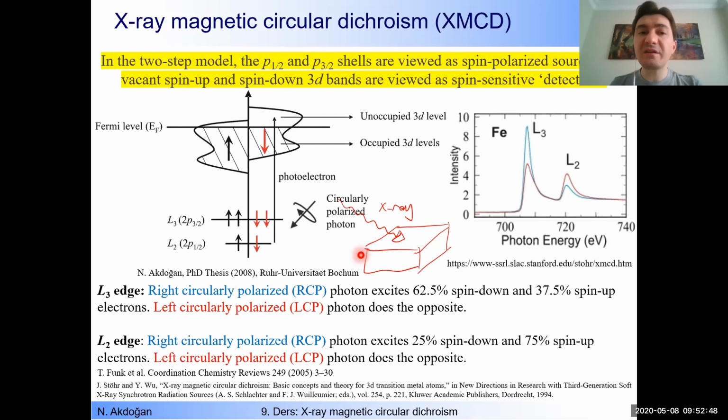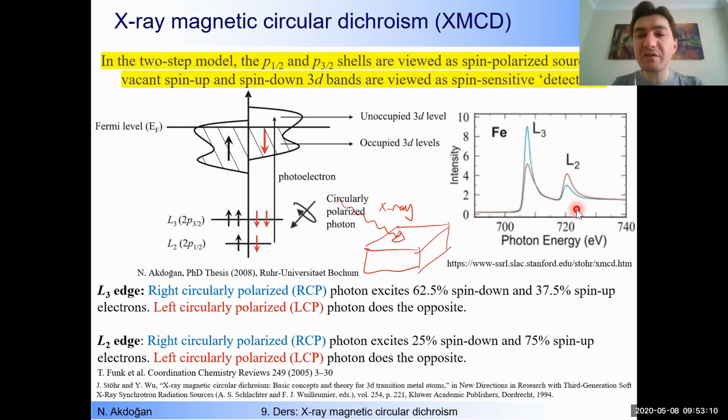So if the 3D level is completely filled, if there are no unoccupied states, then these two curves, the blue one and the red one, will be the same, and there will be no difference, which occurs in non-magnetic materials.